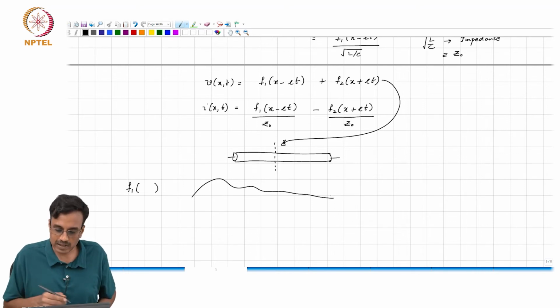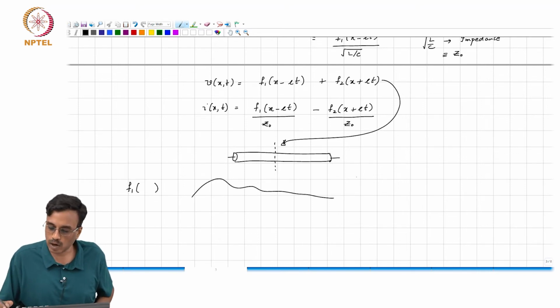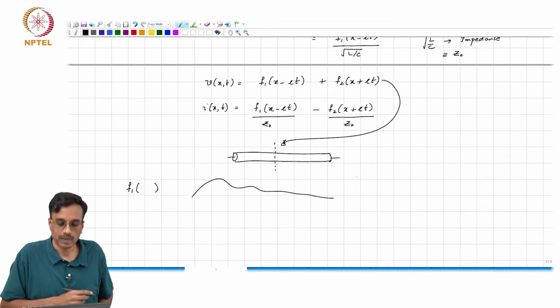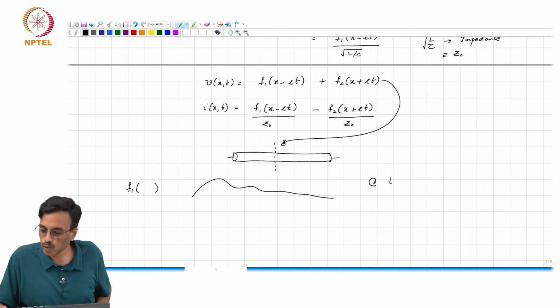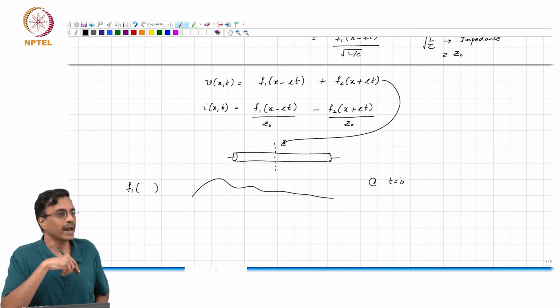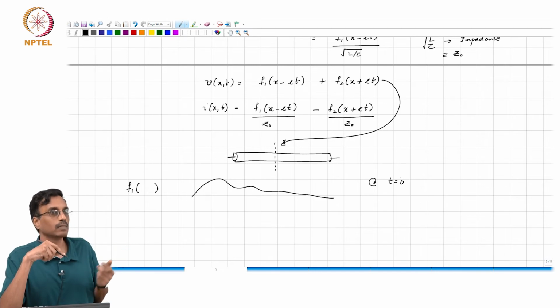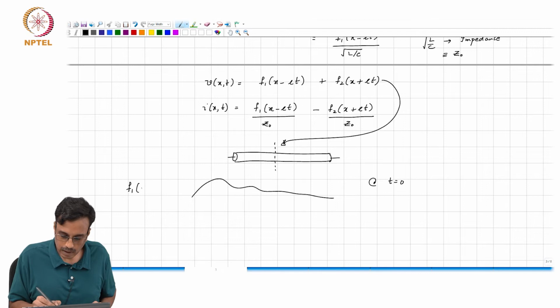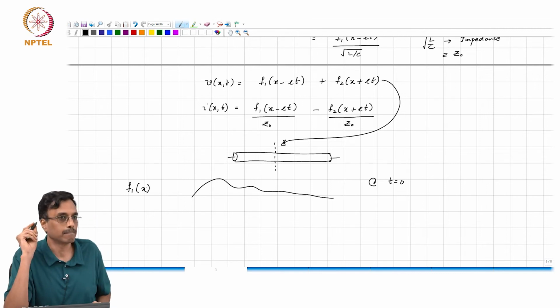Alright. So, in other words, if I took a snapshot, a photograph of the voltage on the line, if that was possible, at t equal to 0, what would you get? You would get F1 of x, right.